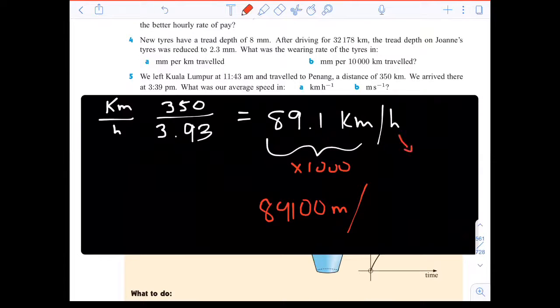And I know that there are 3,600 seconds. And then it says, well, what is it in meters per second? So I would need to divide these numbers together to get what it is for 1 second, because it's nice that we have it in 3,600 seconds. And when I divide them together, we get 24.75 meters per second.